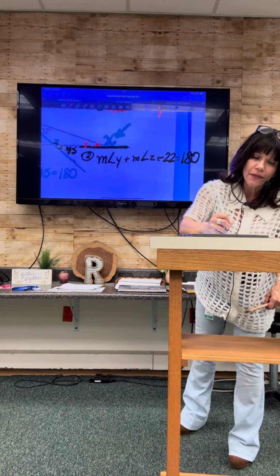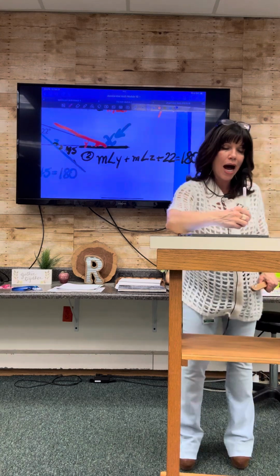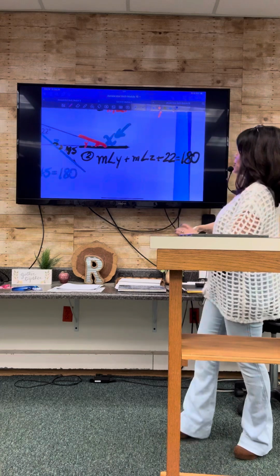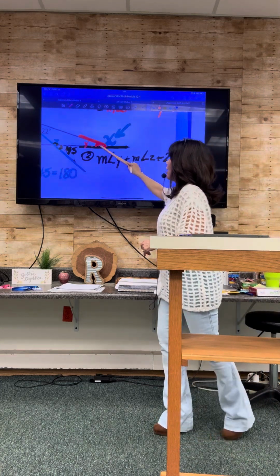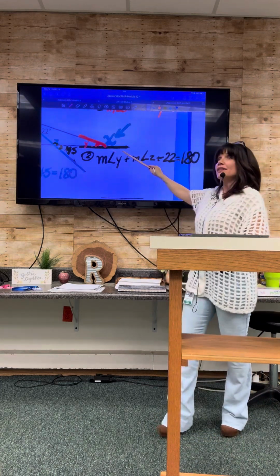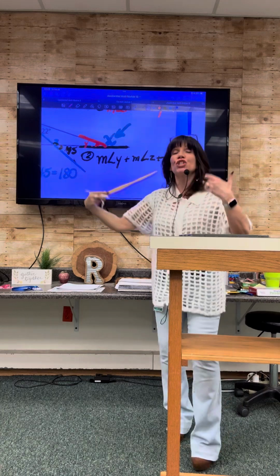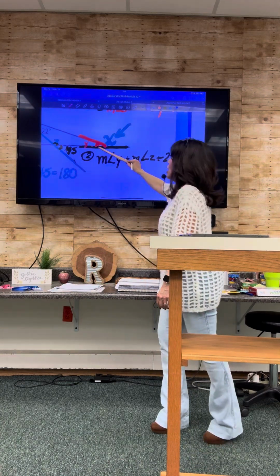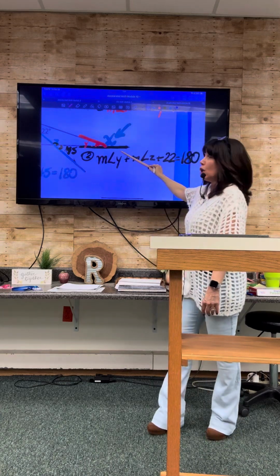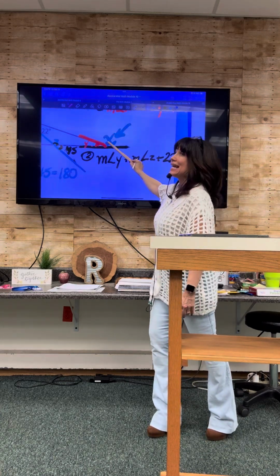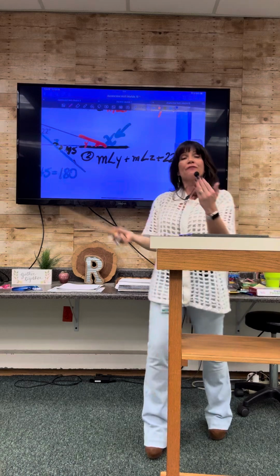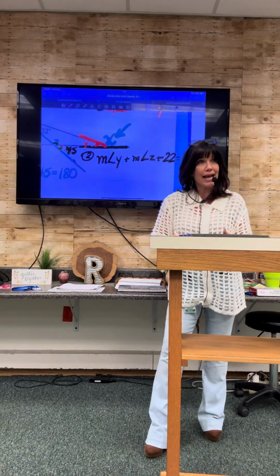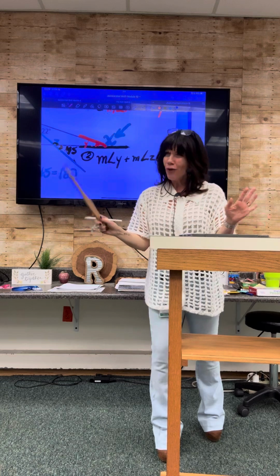Hey guys, what do you notice? Once you find the measure of angle Y, sorry that my line is terrible, notice my black line here. It's another straight angle. Since this is a straight angle, angles Y and X are known as what? You have to pick complementary angles or supplementary angles. Great job.